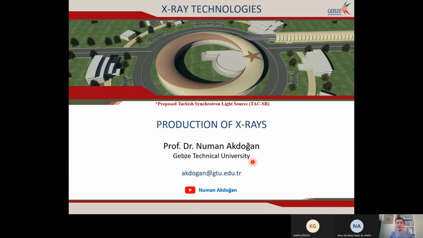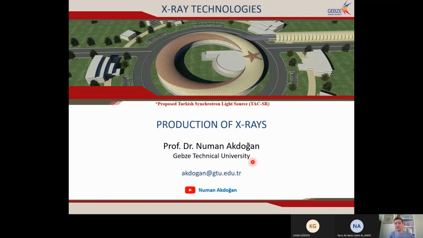You can use an X-ray machine in your laboratory, but in order to have a synchrotron light source, you have to spend more or less $0.5 billion, okay? And also maintenance cost huge per year. So each of them has advantages and disadvantages, but in order to have high intensities, you have to go to the synchrotron light sources and free electron lasers.